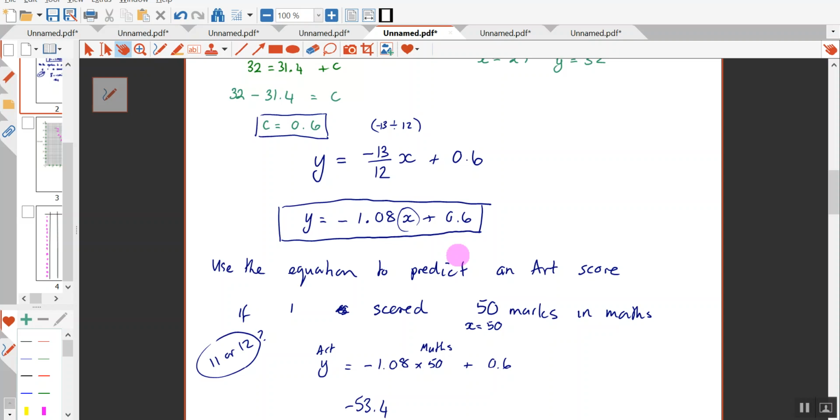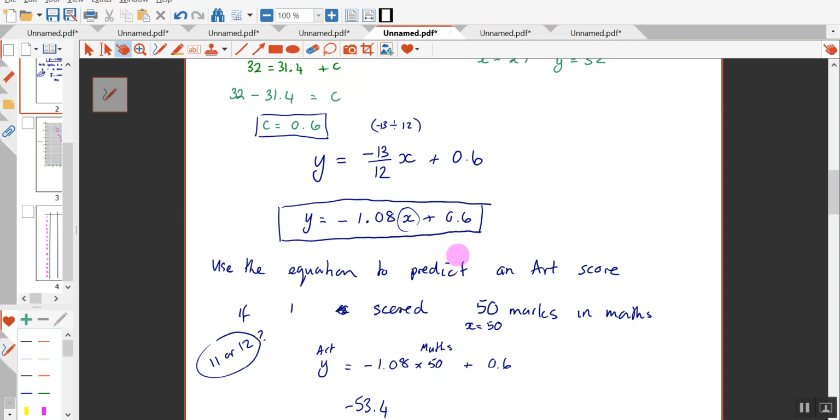Yeah, and how did we know our equation wasn't correct? Exactly. So if we used the graph to predict someone's score for art, we said if they scored 50 marks in maths, I think Sienna just picked a 50, didn't you? Sienna? 50.